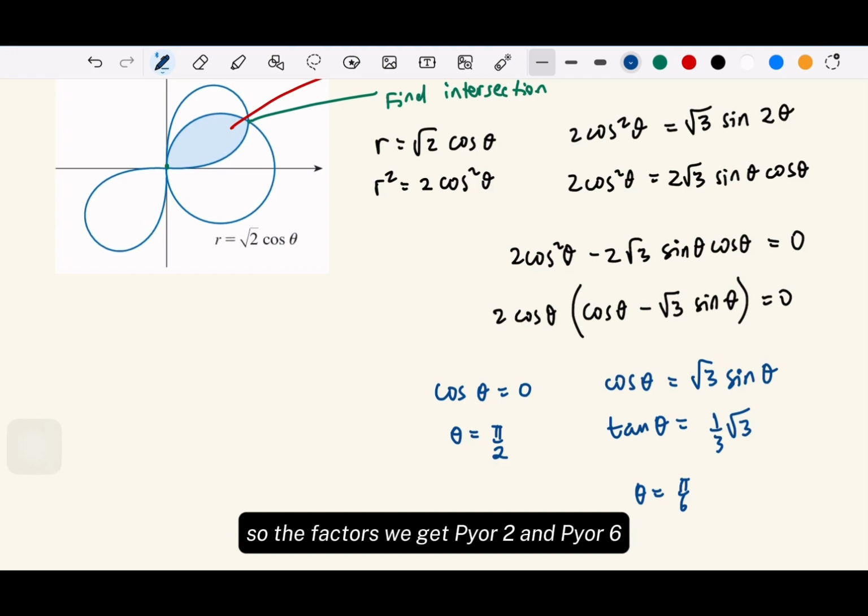So the solutions we get are pi over 2 and pi over 6.